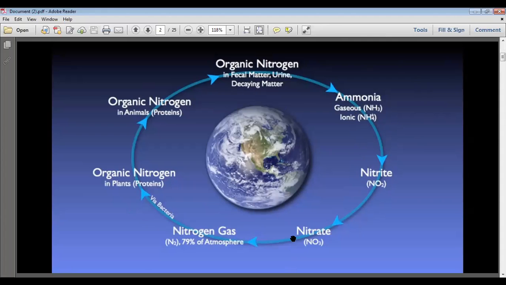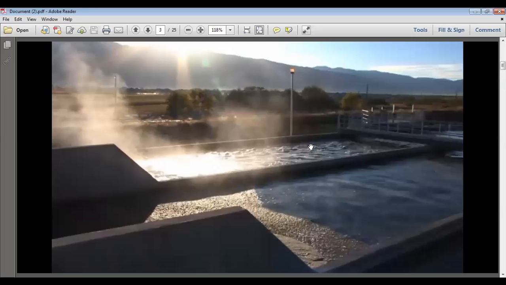It is also converted into nitrogen gas through bacteria, and again plants and some animals consume that and it becomes organic nitrogen, here in plants and here in animals. So this is what I did yesterday.